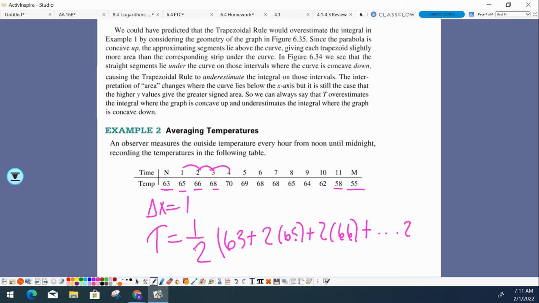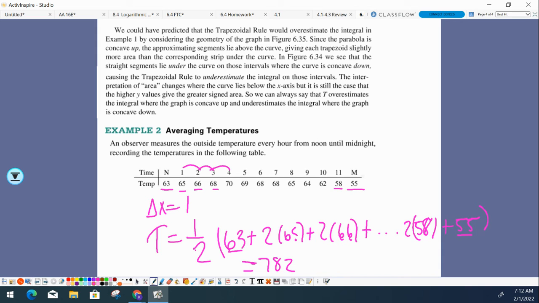I'm going to do 2 times 58 plus 55, only one of the outsides, but double the middle. If you multiply all this out and add them up and take half, you should get 782.